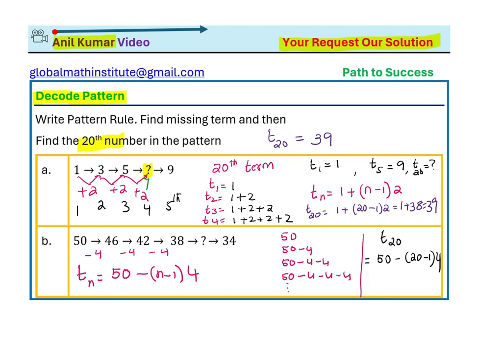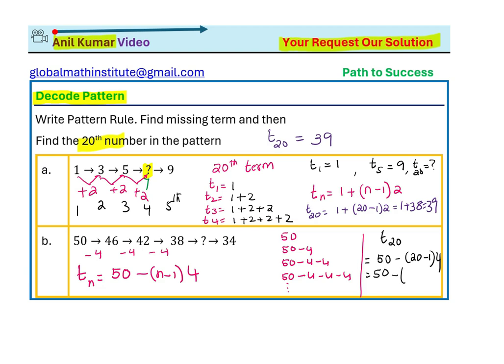Makes sense? So T20: 19 times 4 is difficult, but you see, this is easy.